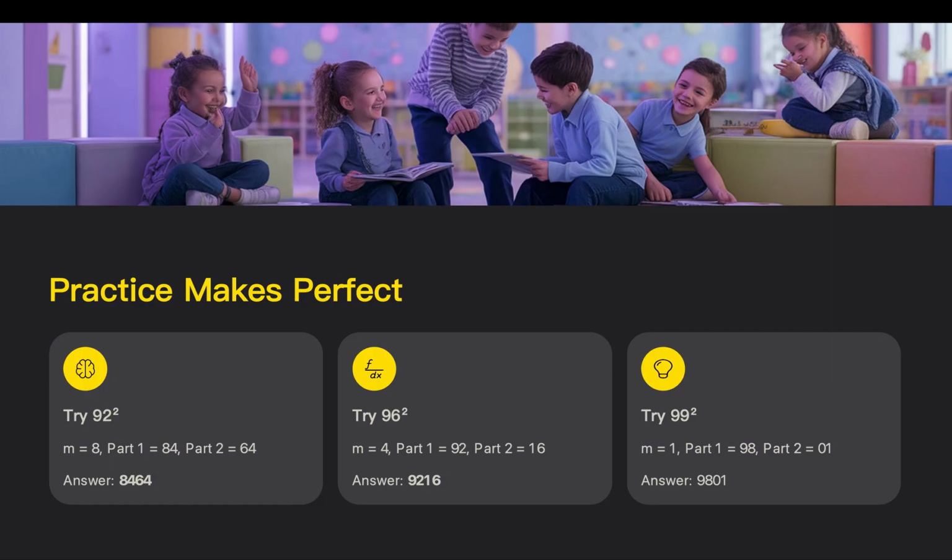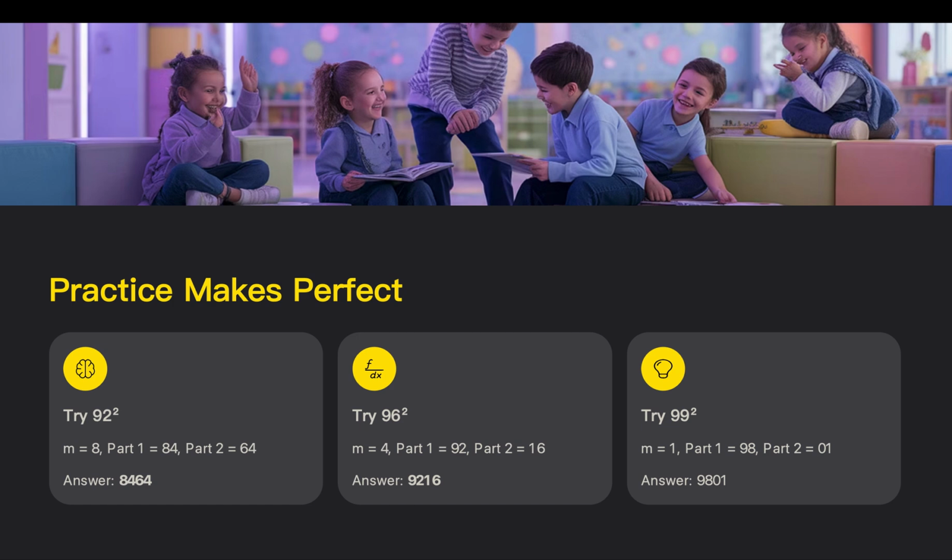Now, of course, practice makes perfect, and more exercise questions for you. 92 square, 96 square, and 99 square. Yes, we can try, but here the answers are also given. M equals 8. Part 1 is 84 because 92 minus 8.